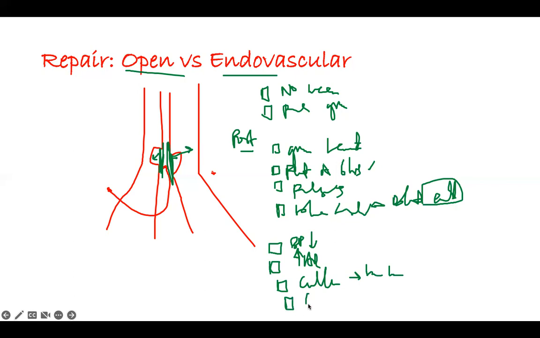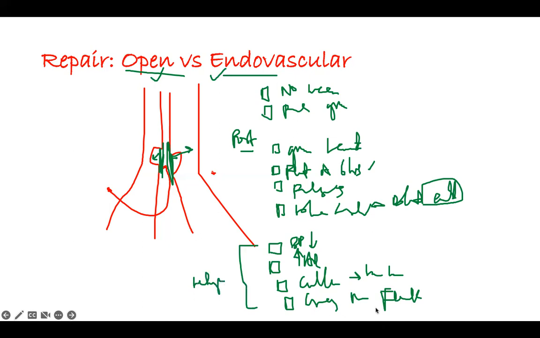You will see Grey Turner sign, bruises in the flank area. These are all select-and-apply or knowledge-based questions that you can think about. I'm showing you how a patient will present in shock or bleeding after either open repair or endovascular repair, and they are bleeding into the retroperitoneum.